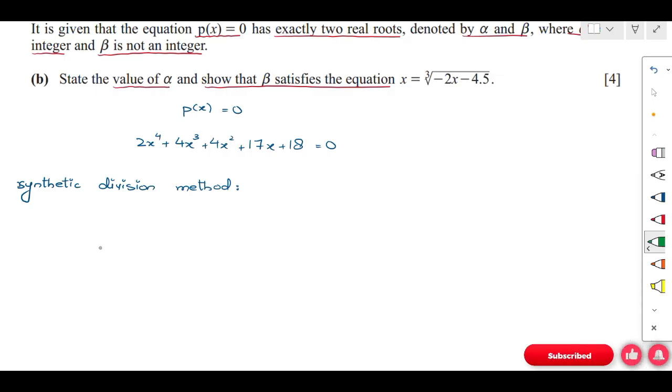We are given that x plus 2 is a factor of the polynomial p of x. Let me draw the straight line here and one line over here.